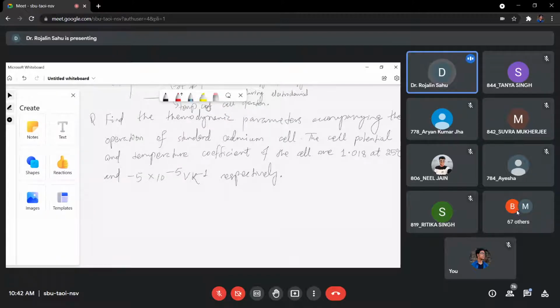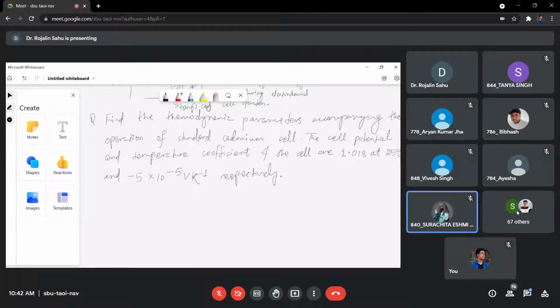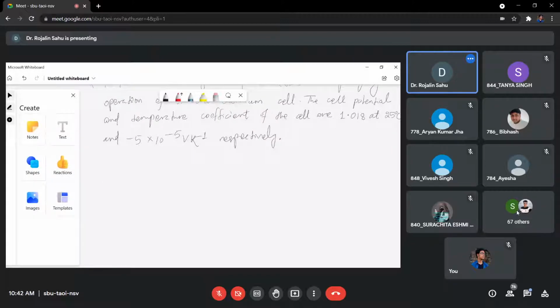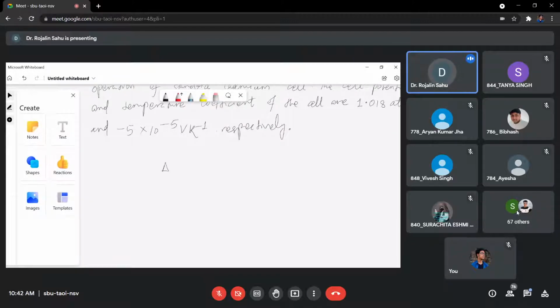So I think everybody could solve this one, or shall I solve? Yes, ma'am. Okay. You know del G is equal to minus NFE. So what is the value of E here?